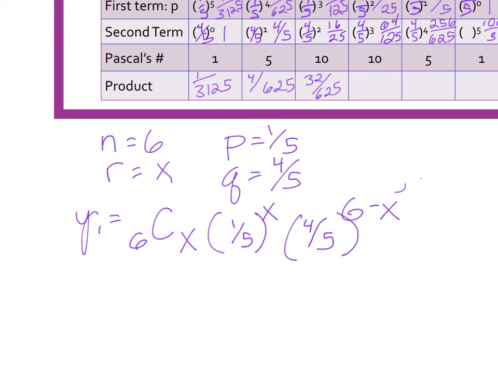Put that in your calculator, go to the table, and it's going to give you all these values. All right, done. It makes it much easier to go through and do all these values.